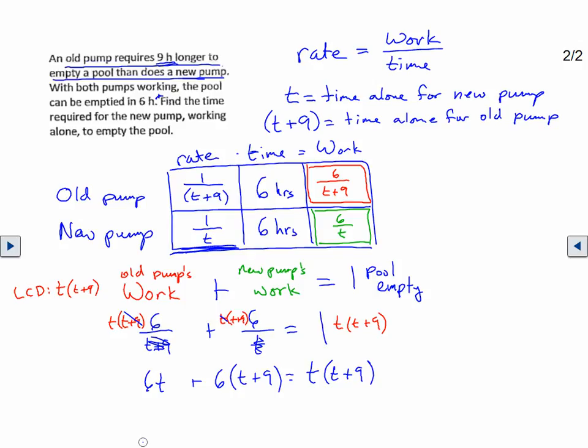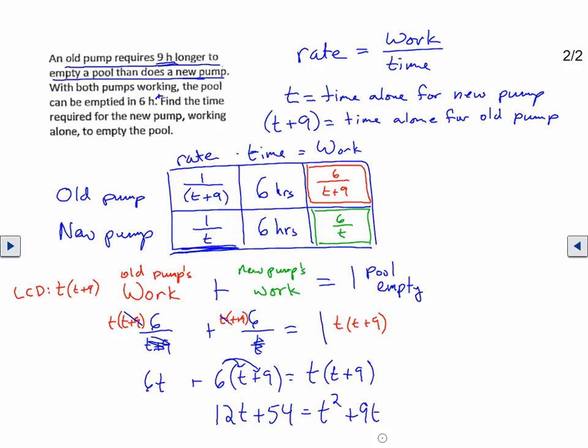This is something that is factorable, that we can distribute. And on this side of the equation, after you get 6T, you'll be able to combine the two 6T's and get 12T plus 54 is equal to T squared plus 9T.